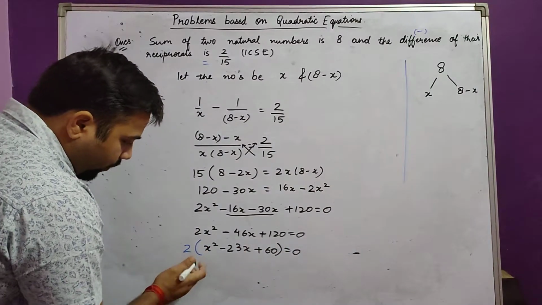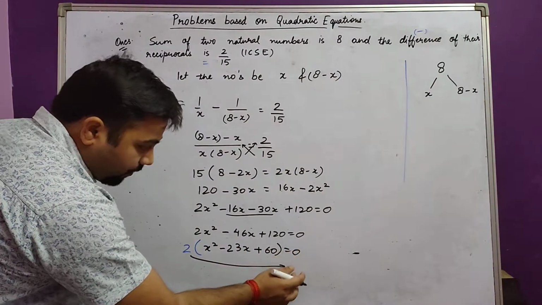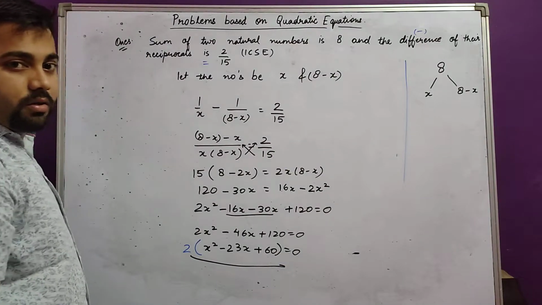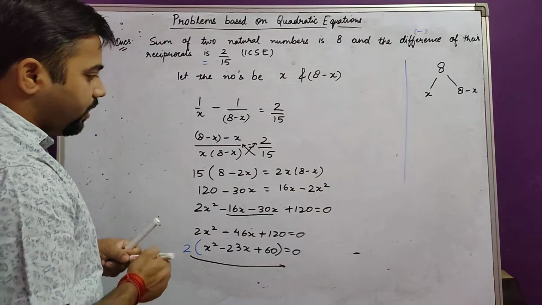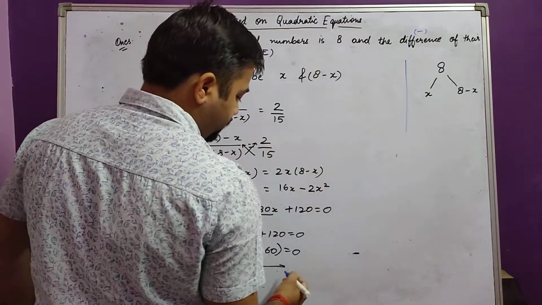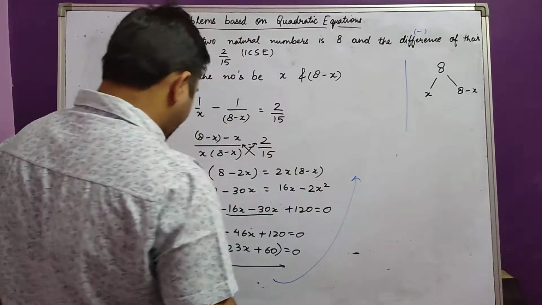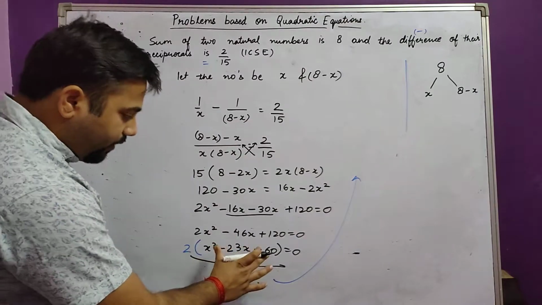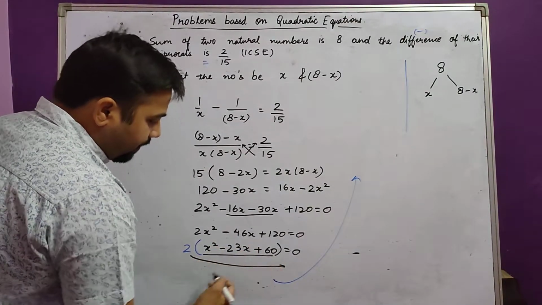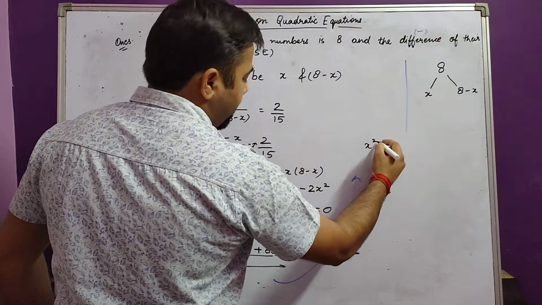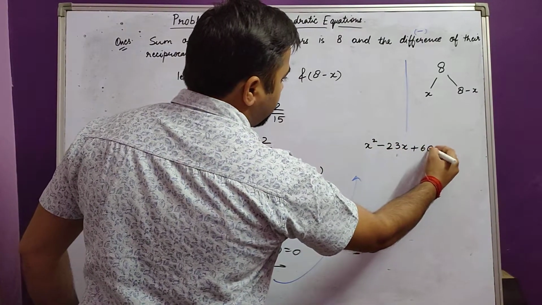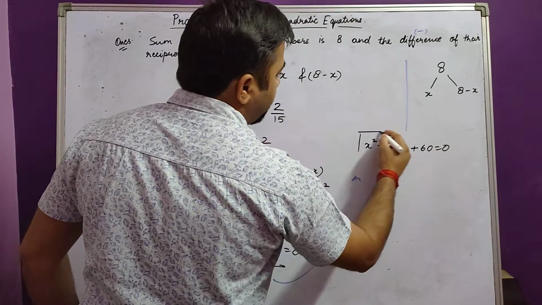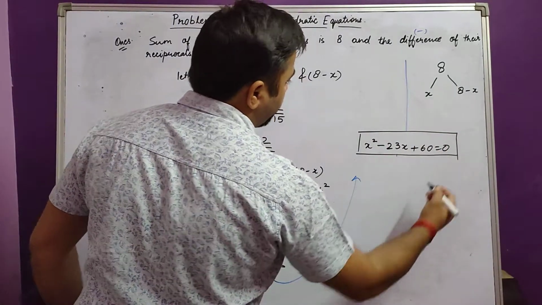Now, when we take 2 to the other side, that is 0 divided by 2, it will again be 0. And therefore, we will just write this statement over here: x square minus 23x plus 60 is equal to 0. This becomes our desired quadratic equation.